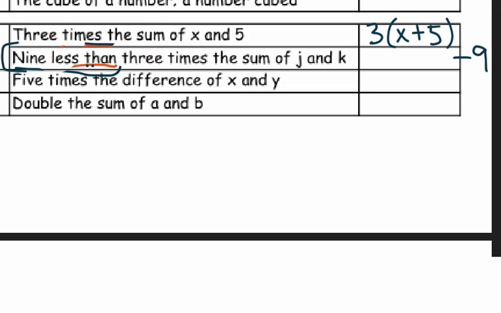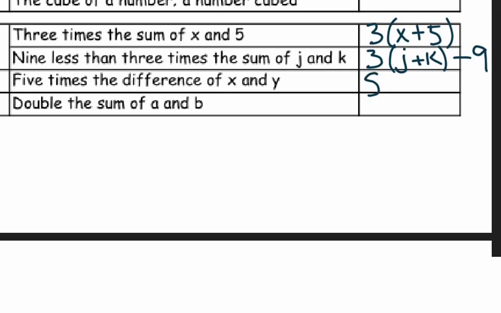Then we're going to look at what this part says. 3 times the sum of j and k. So that less than, it really kind of messes things up because it makes you flip everything. A little confusing.